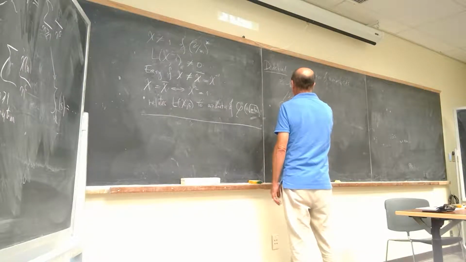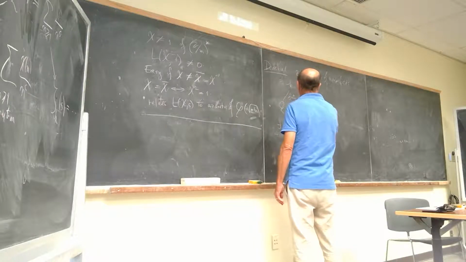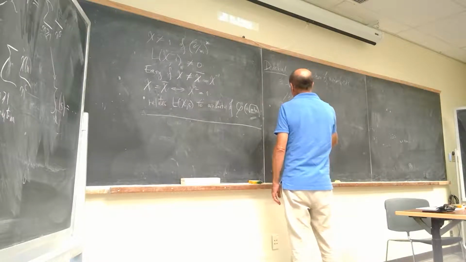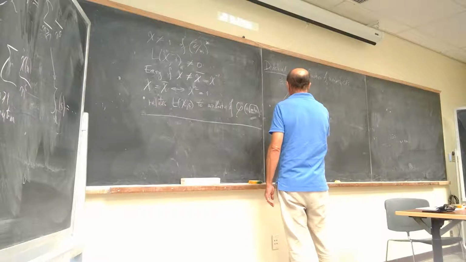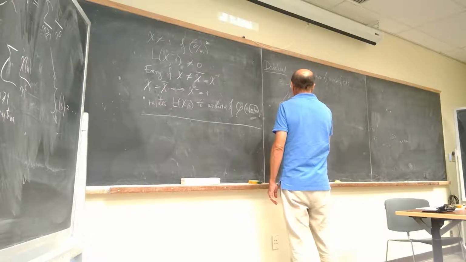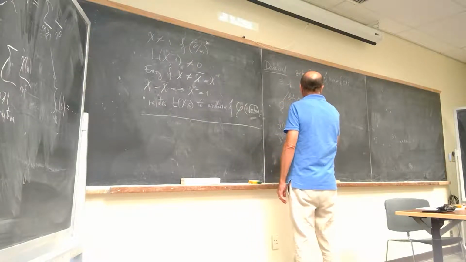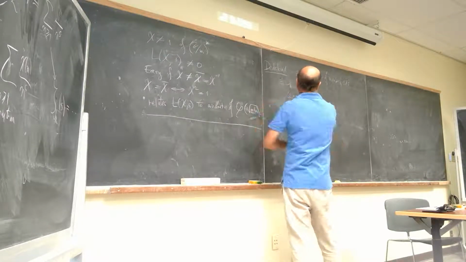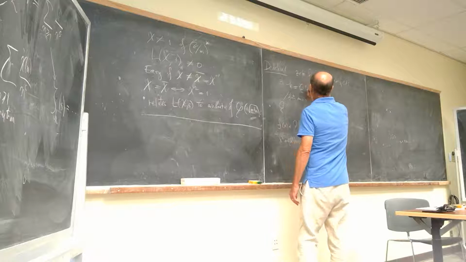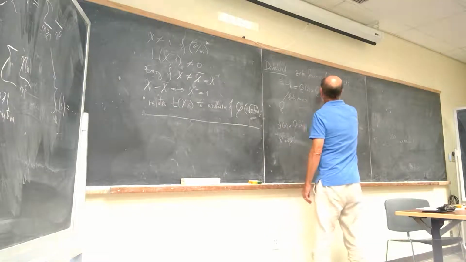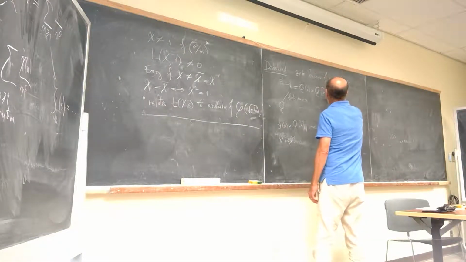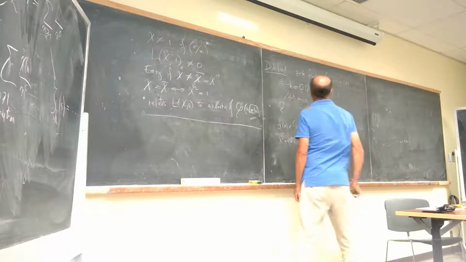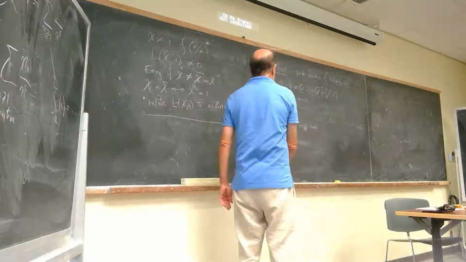So f of x is in Q[x]. It's a monic polynomial x to the n plus a1 x to the n minus 1, etc. But this is irreducible. Then you can get such a number field by adjoining a root, which is the same as the field Kronecker would have written like this: Q[x] modulo the maximal ideal generated by this irreducible polynomial f.